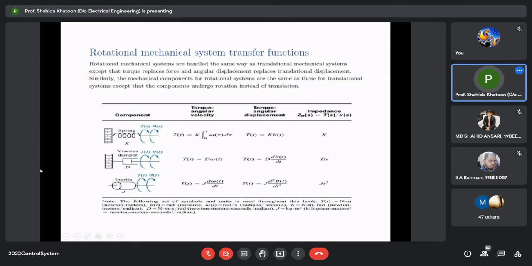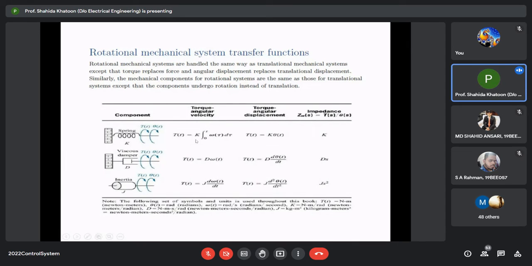Okay, so the first component is a spring, but here the output is torque. The force applied to this system is not being pulled in this direction; it is being rotated in this direction with the help of a torque T. And this torque results in a rotational displacement theta(t). So theta(t) is the output, and T(t) is the input torque.